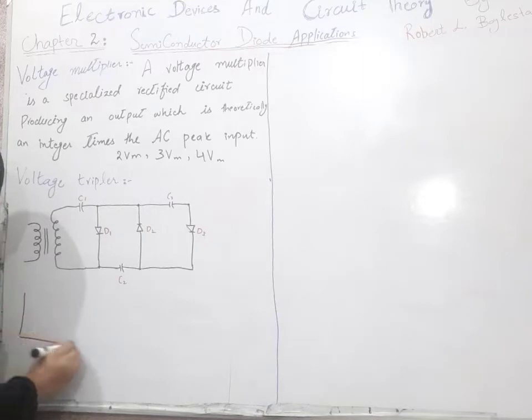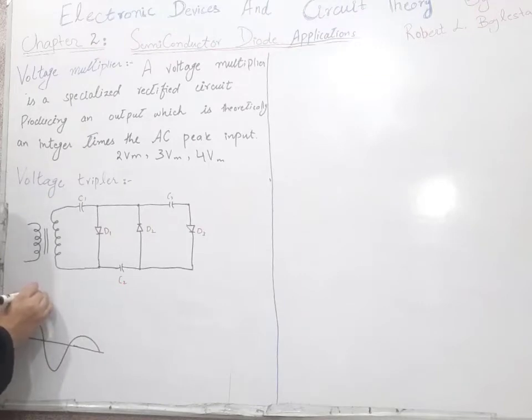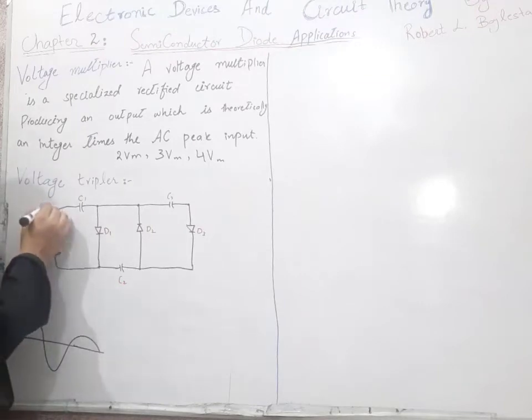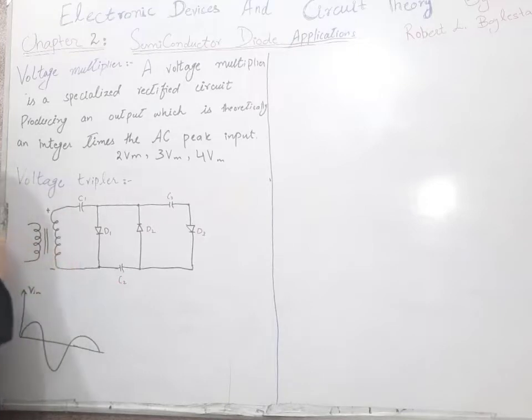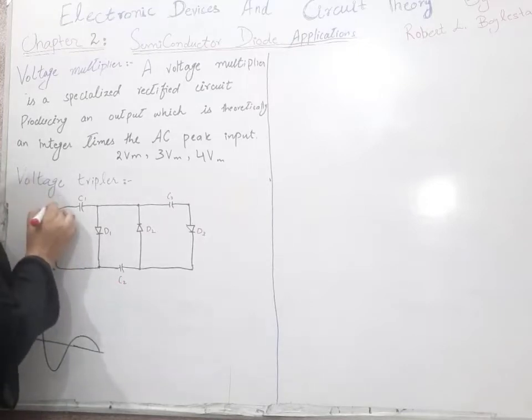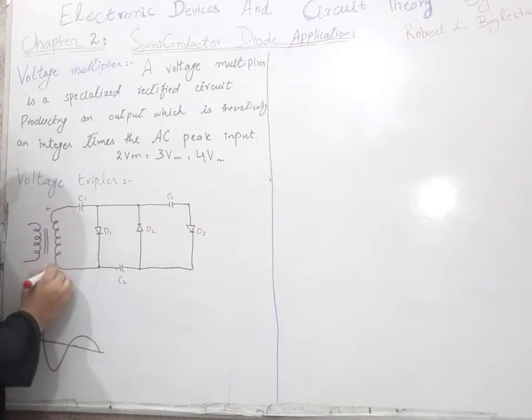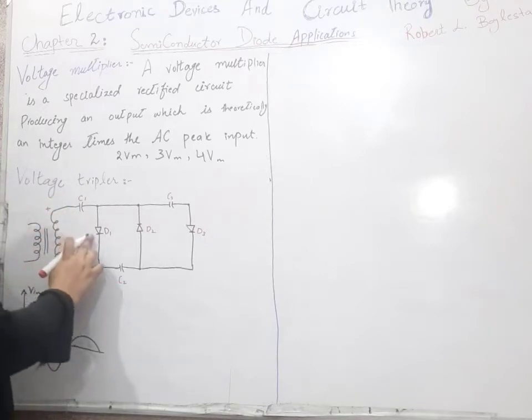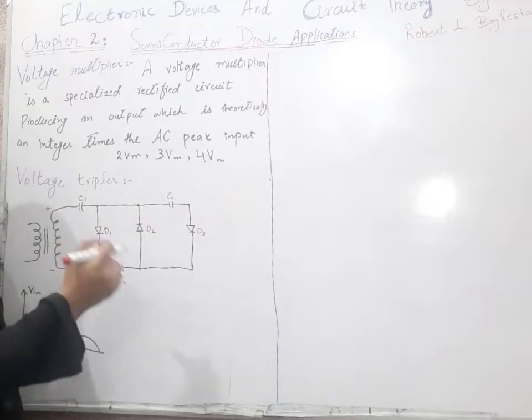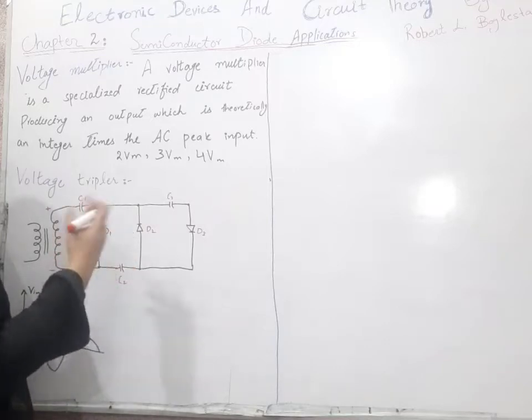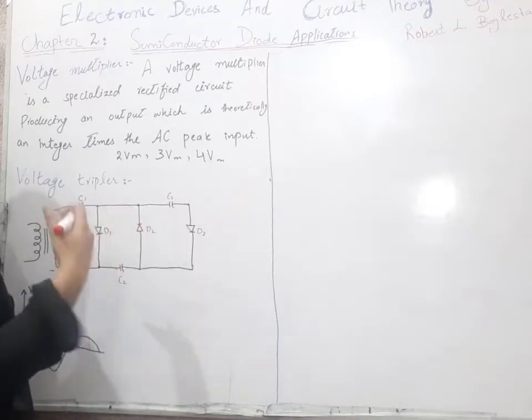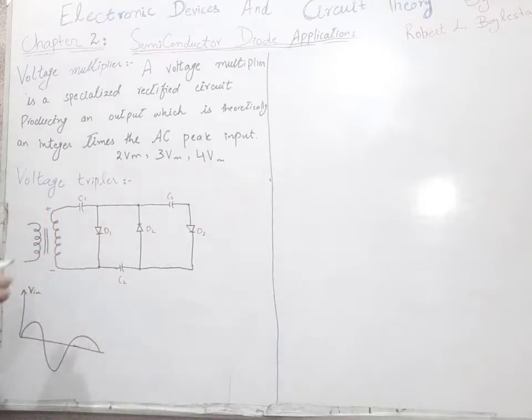For the positive half cycle of the input voltage, there will be positive and there will be negative. Our diode D1 will be forward biased and our diode D2 will be reverse biased, and diode D3 again will be forward biased.